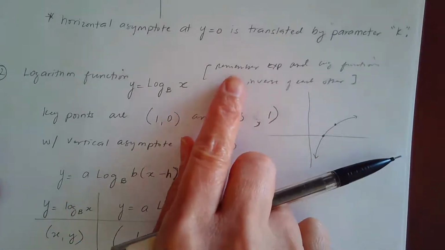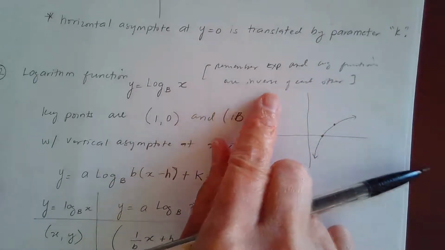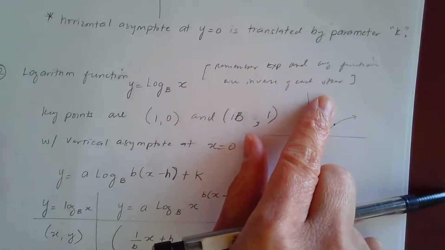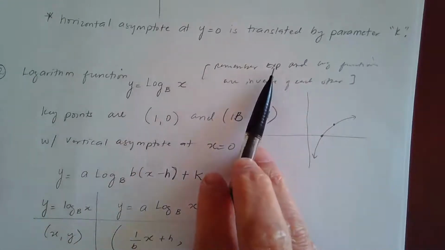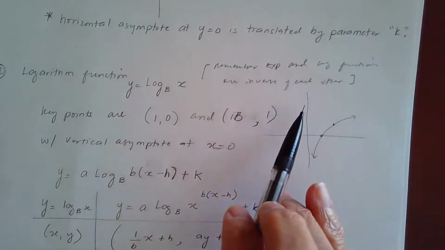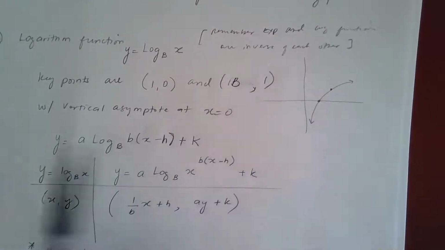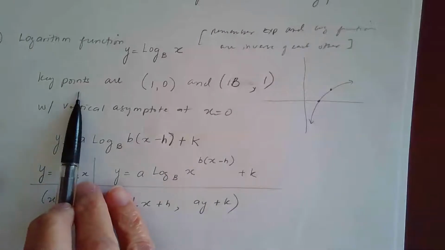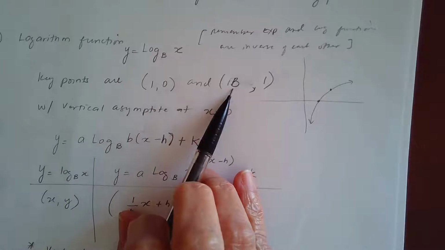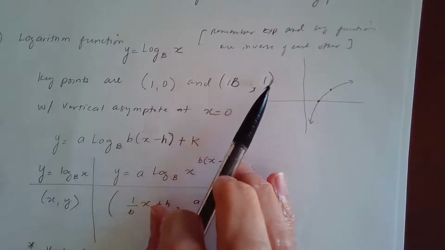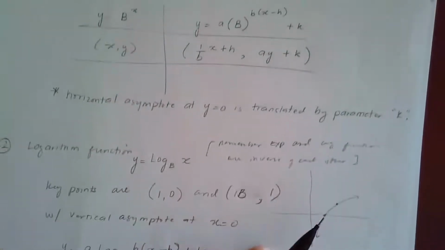I wrote down over here, remember that exponential and logarithm functions are inverses of each other. That means the domain of the exponential function will be the range of the logarithm function and vice versa. The key points are 1, 0 and b, 1.